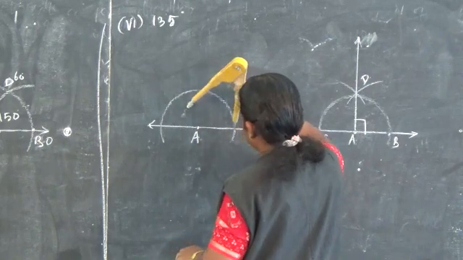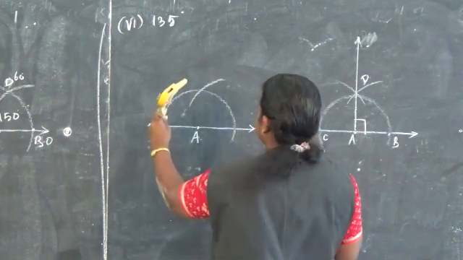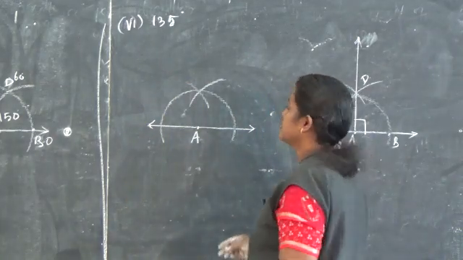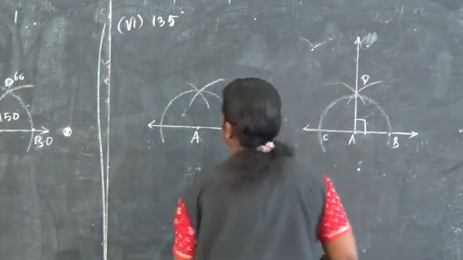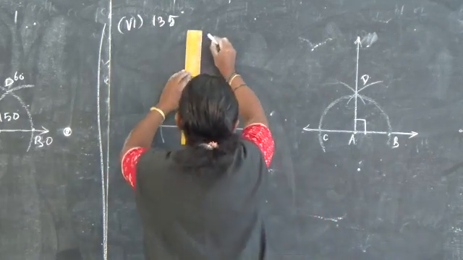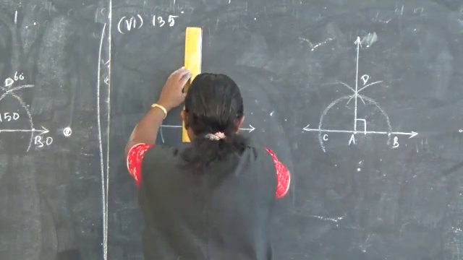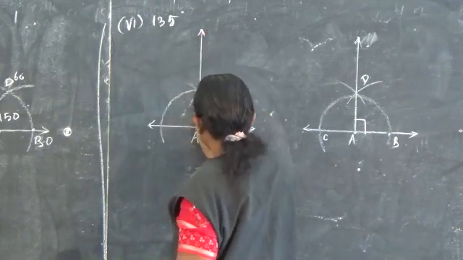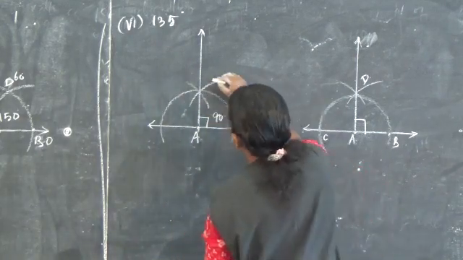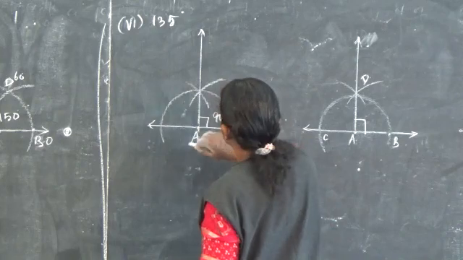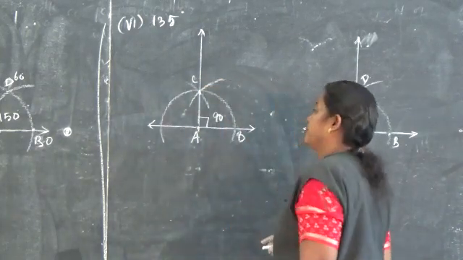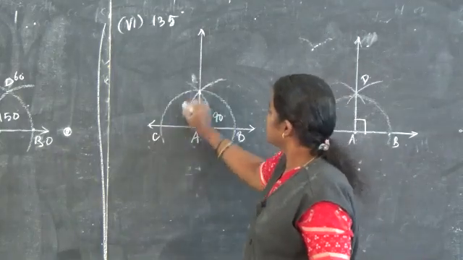How to draw? What is its angle? This is 90 degree. Up to this one you know how to draw. This is 90 degree. Now listen, dear.